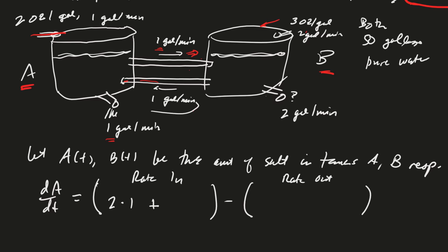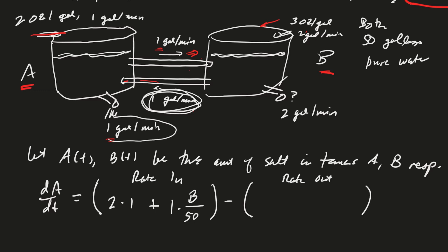I've got this gallon per minute coming in from tank B, and so that's going to be 1 gallon times B ounces of salt over 50 gallons of fluid.